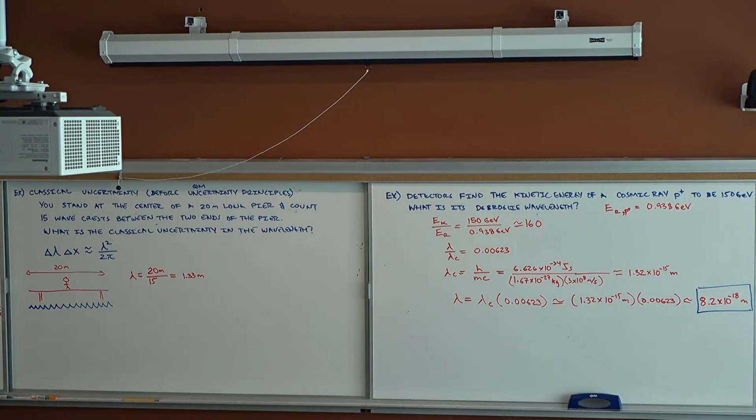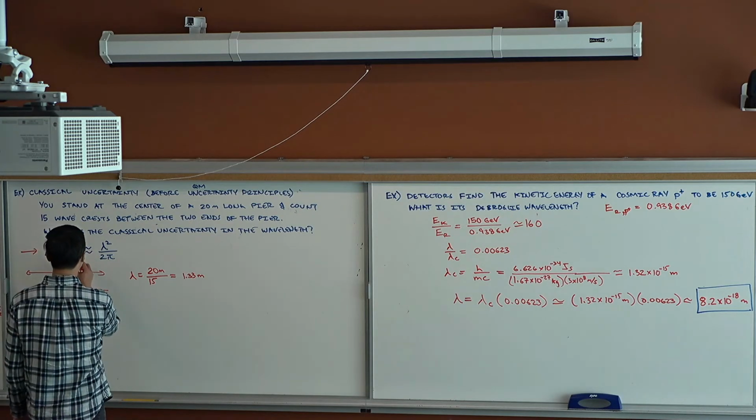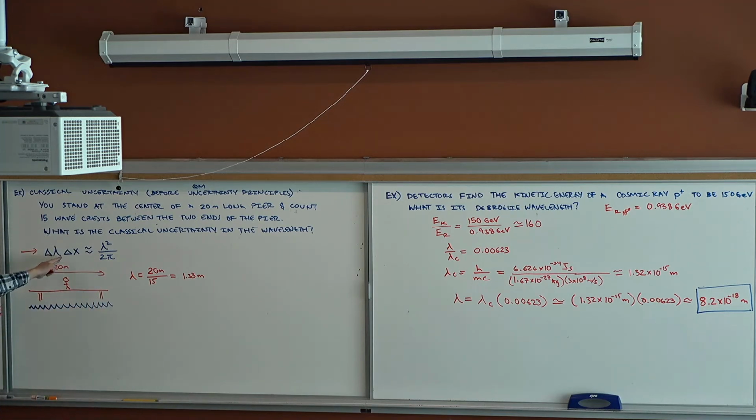Here I'm going to give us our classical statement of what we mean by uncertainty in wave measurements. The uncertainty in the wavelength times the uncertainty in the spatial extent is on the order of the wavelength squared over the angular extent of the wave. Here the spatial extent is 20 meters.